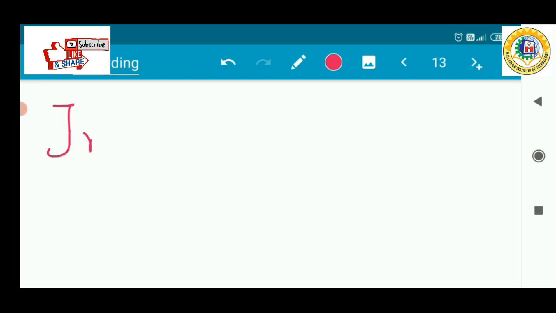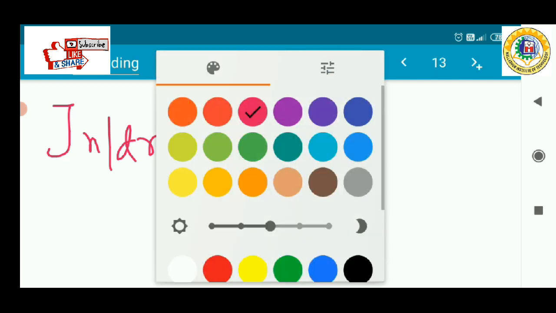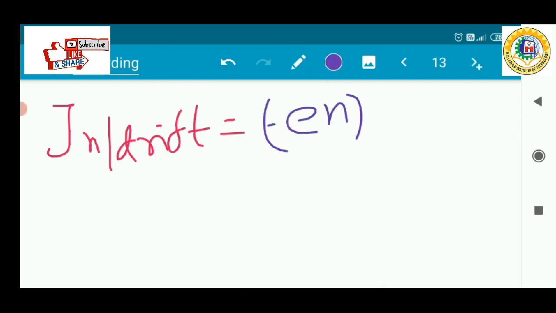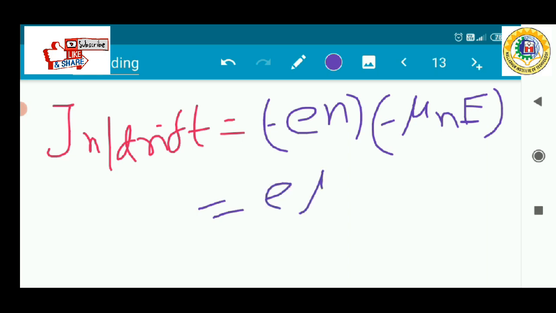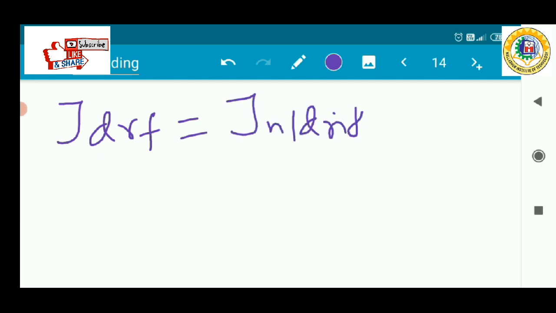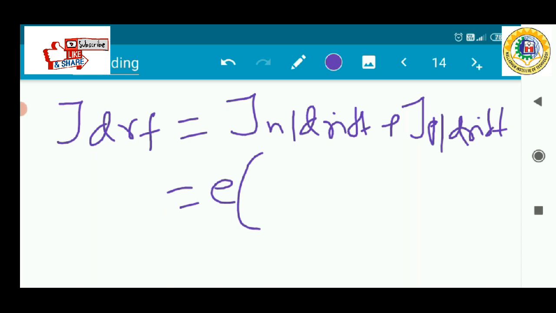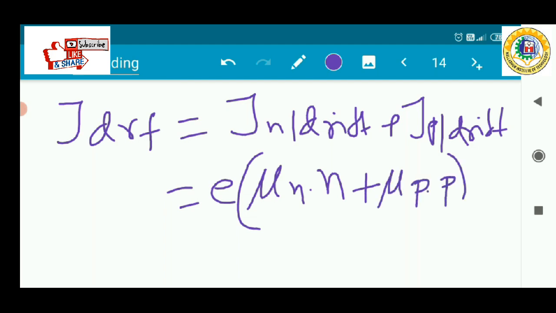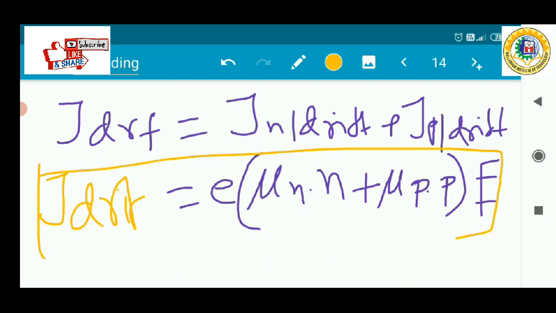So your total drift current due to the electron is equal to minus E into n into minus mu n into E. So your total drift current due to the electron is E mu n into n into E. Okay, so your total drift current due to the electrons and holes combined, Jn drift plus Jp drift, is equal to E, if we just take out the E, mu n into n plus mu p into P, into E. So this is the total equation for the drift, considering both electrons and holes.